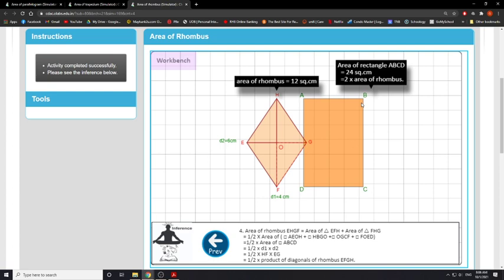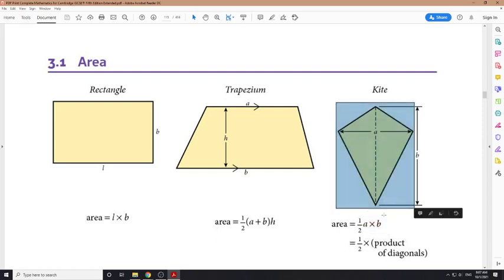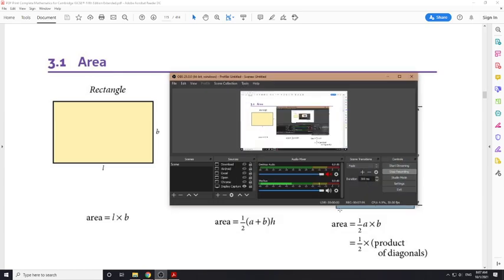The area of rectangle ABCD was 24. If we take a look here, if we multiply A times B, it will be the rectangle shape here, so therefore we need to halve it, then only we can get the area of the kite. Okay, thank you.